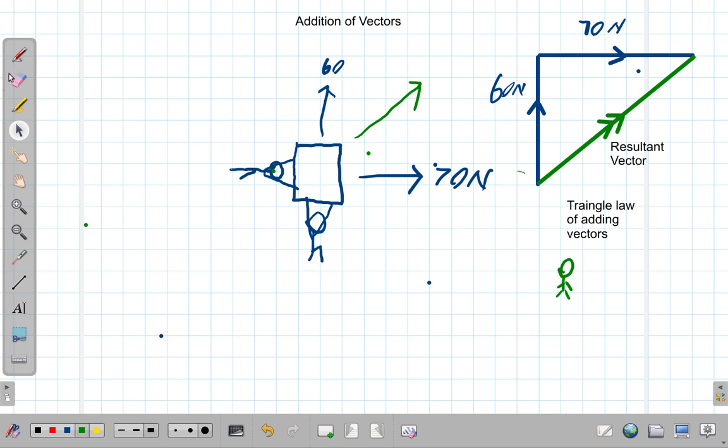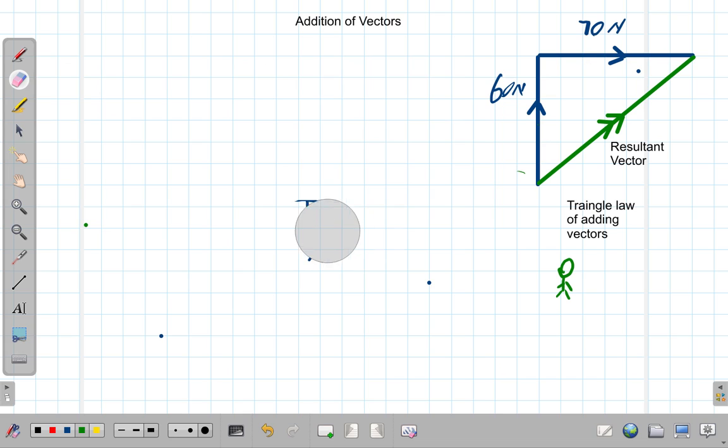Now, let us consider these two vectors again, right? The 60 and the 70 newtons. If I should draw the 60 newtons going this way, say 1, 2, 3, 4, 5, 6, and you draw the 70 newtons.